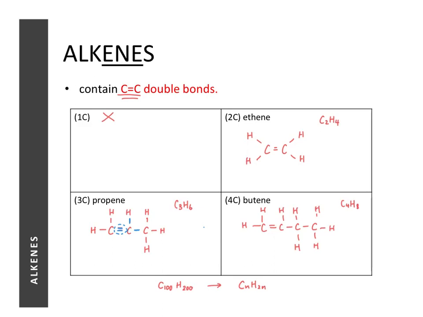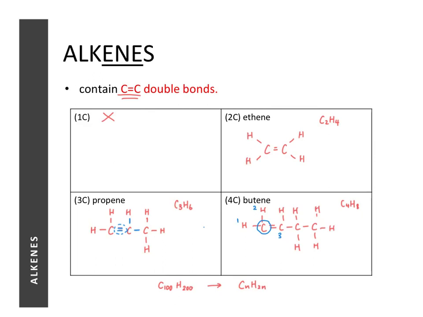Now the other important thing to take note about alkenes is this. If we look at this carbon atom over here, the one that I've just circled, how many other atoms is it bonded to? Let's check. This carbon atom is bonded to 1, 2, 3 atoms. What does it mean?